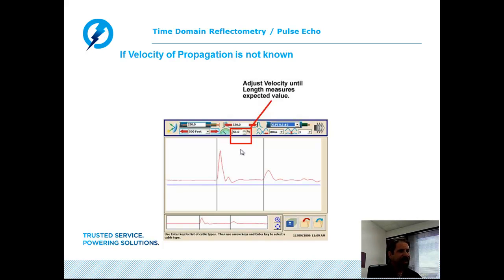As long as I can give it two pieces of data, it can calculate an answer for me. So if I know the velocity of the cable, it can calculate length. If I know the length, it can calculate the velocity. Again, I can visibly see the end, I can place my marker there. I then simply adjust velocity until I read proper length.